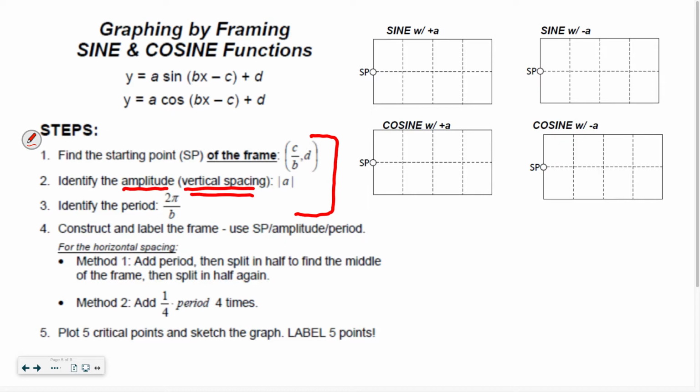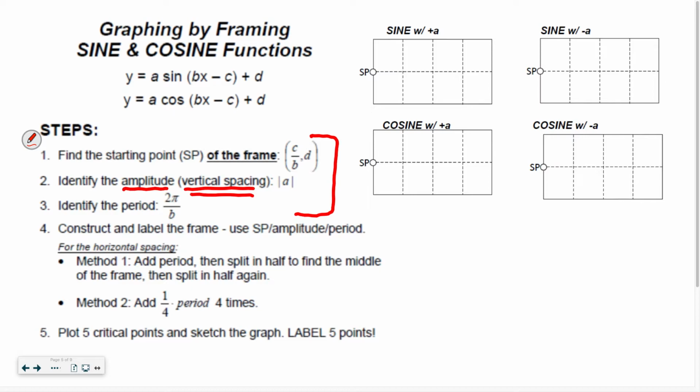If you are not feeling confident that you're halving the fractions correctly or getting the middle of the fractions, then you should go to method 2. Method 2 is probably my go-to method for anybody who feels like they're not sure how to label the horizontal axis. Then you want to star, circle, or highlight method 2. Method 2 just basically says take your period and divide it by 4.